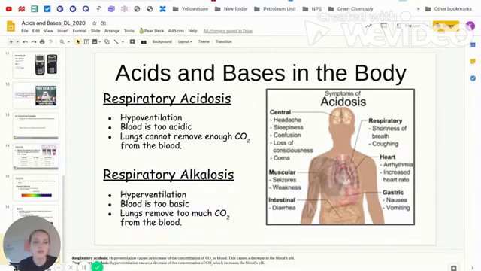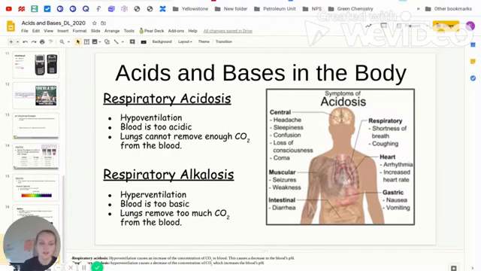In respiratory acidosis, you are hypoventilating, which means you're exhaling less than you inhale, and that makes your blood too acidic. Your lungs can't remove enough CO2 from the blood, so the concentration of carbon dioxide increases, which causes the blood's pH to decrease.